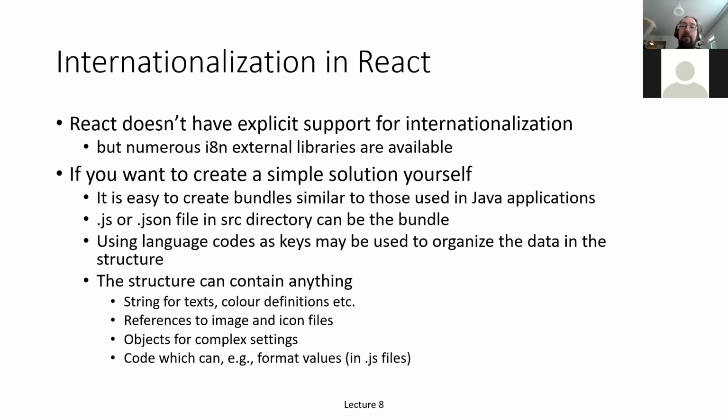So if you want some formatting, for example, which needs some specific code to work differently in different cultures, if you do the bundle as a JavaScript file, then you can also include code in there and use the correct code as part of the same structure, which allows you to translate things to different languages.